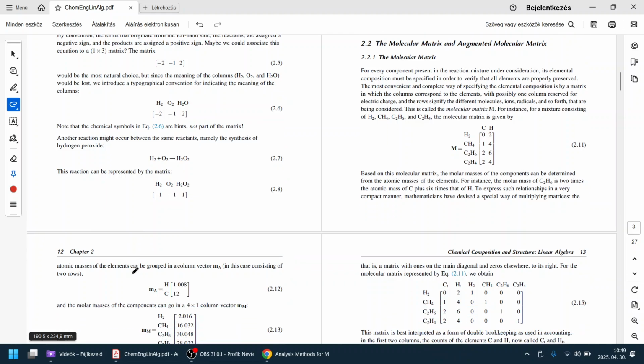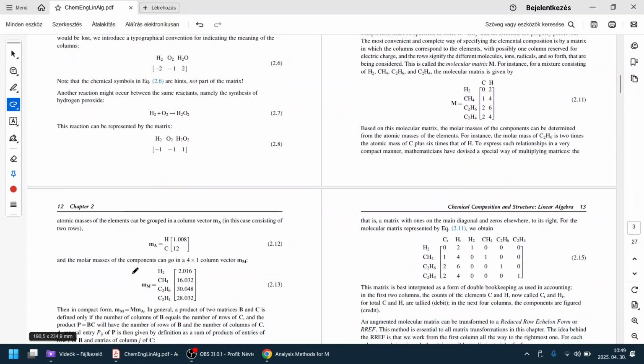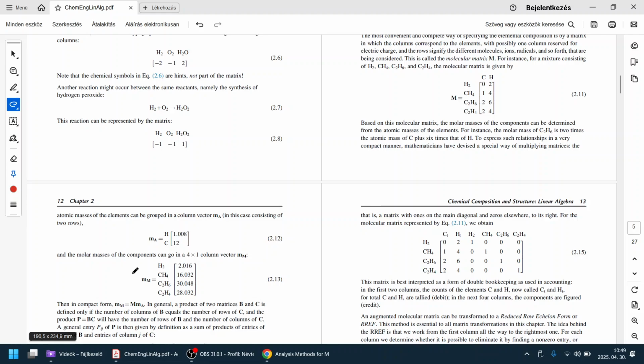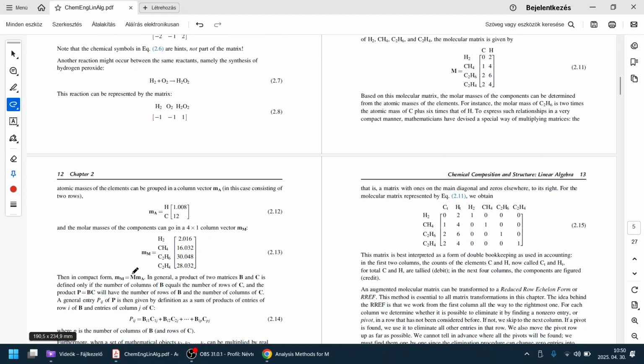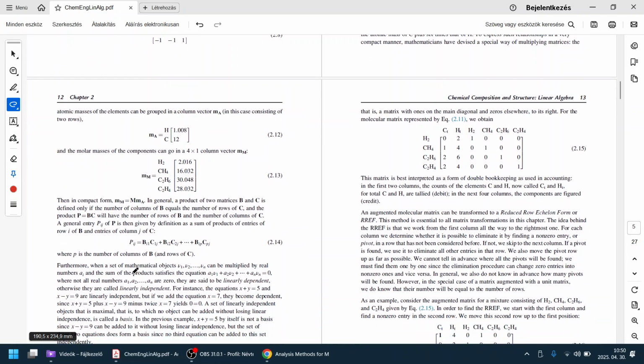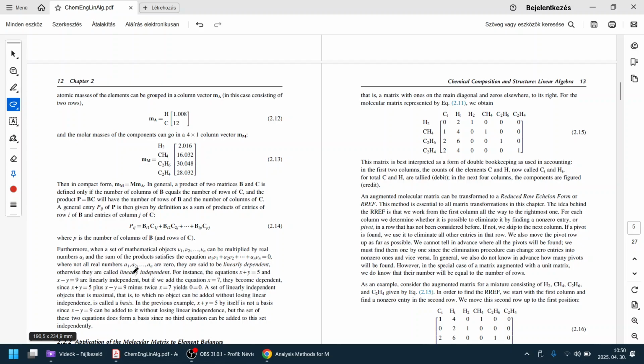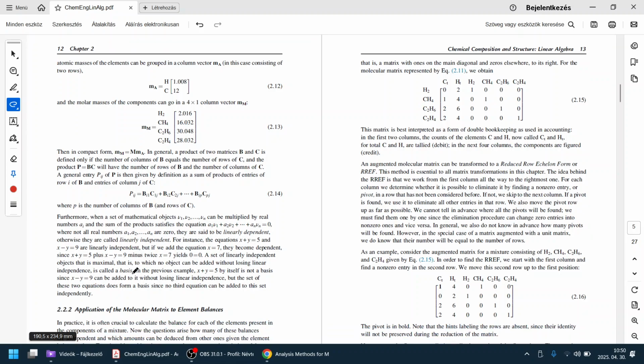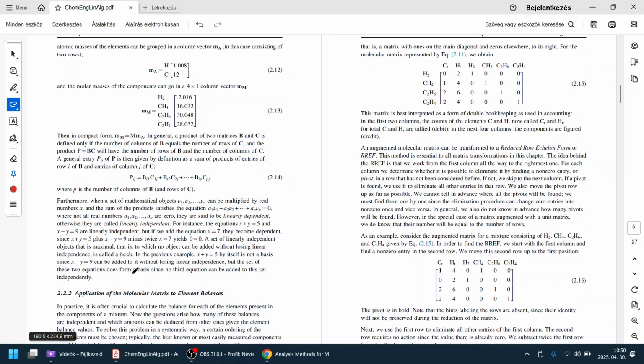You can write the molecular weight to another matrix, and you can multiply them, and then you will have another form of matrices with molecular weight. Great, I'm very happy with this. And you can see here the linearly dependent and independent vectors. That's very nice.